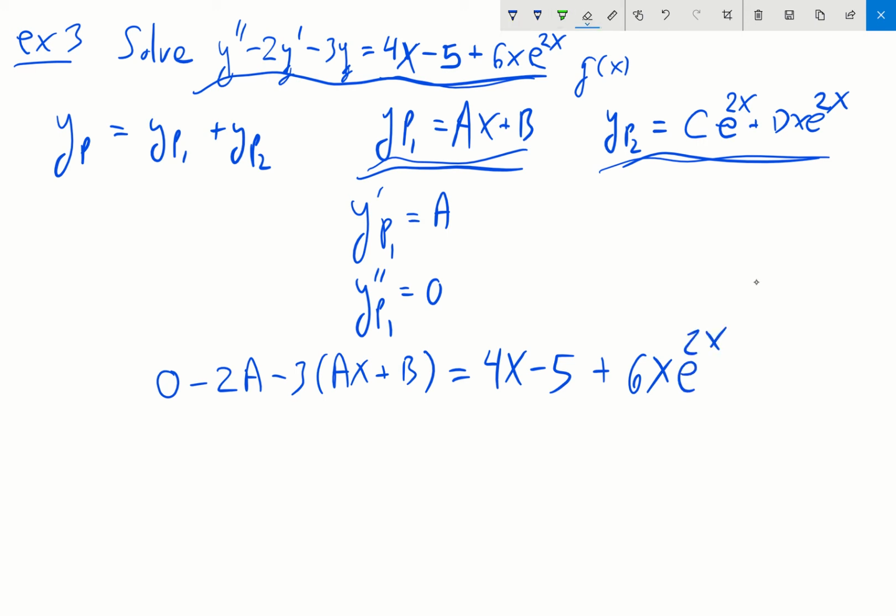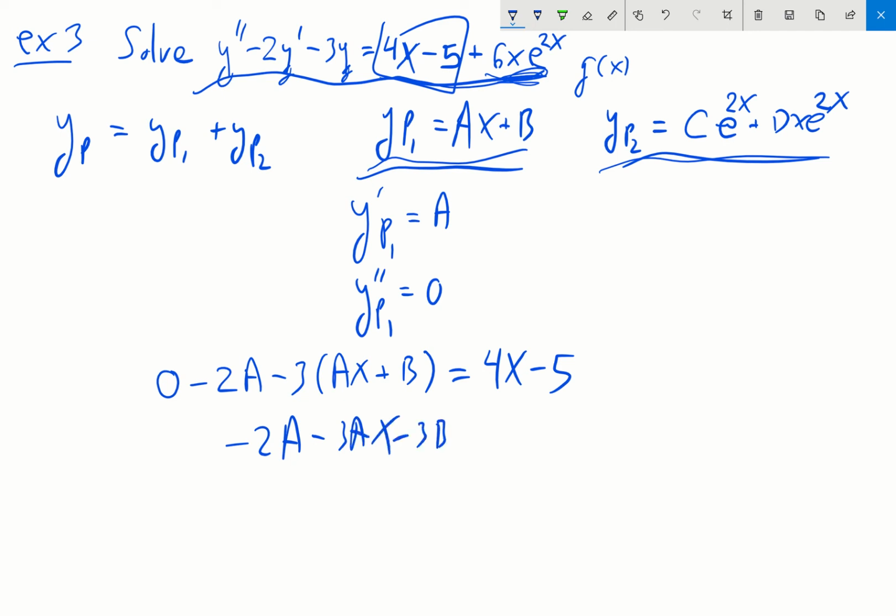And I'm ignoring this piece. I don't want that part to match up. I just want to see where these two pieces would be equal, because that wouldn't come from anything associated with this. It would be just this portion of g of x. This would be negative 2a minus 3ax minus 3b, which is equal to 4x minus 5. Again, we would want to equate our coefficients.